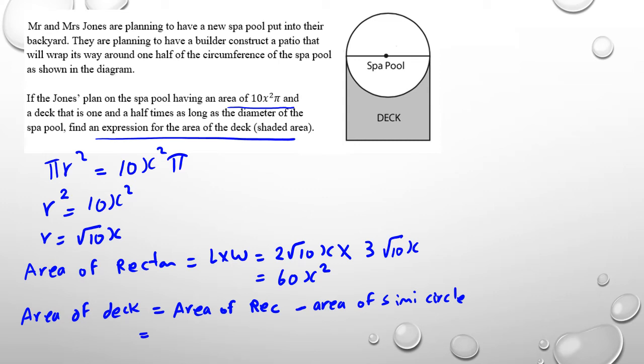So the area of the rectangle is 60x squared. The area of the semicircle is 5x squared pi, because the area of the circle is 10x squared pi, so it's 5x squared pi. Then you simplify that, factorize it. We've got 5x squared, open bracket, 12 minus pi, close bracket.